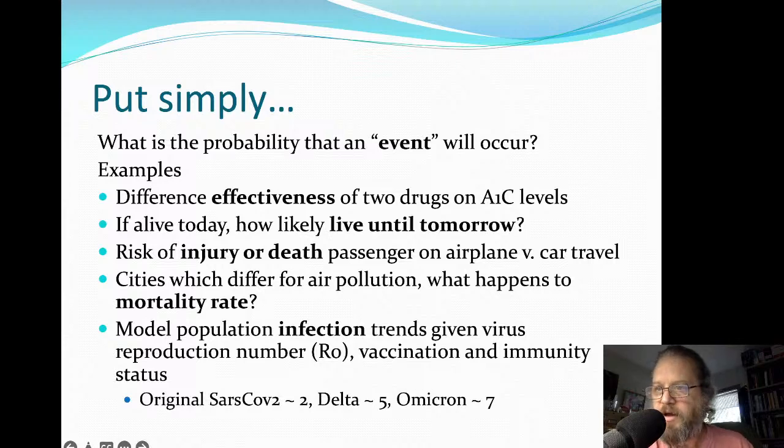And given different parts about the environment in which the virus is trying to spread, so how many people are vaccinated, how many people are immune to the virus. So of course immunity comes from vaccination, or it could come from prior infection, right?